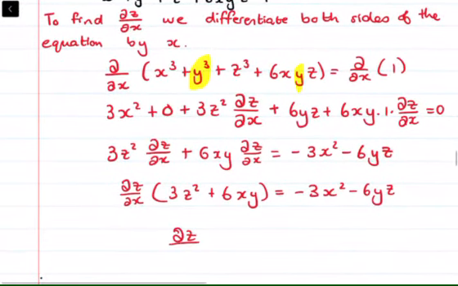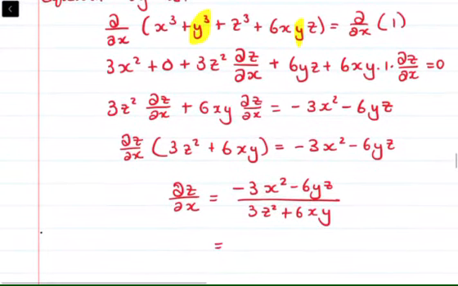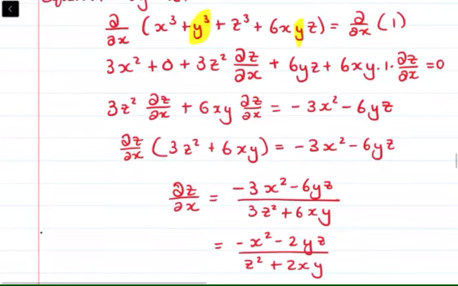Then the partial of z with respect to x is minus 3x squared minus 6yz over 3z squared plus 6xy. If you want, this is equal to minus x squared minus 2yz over z squared plus 2xy.